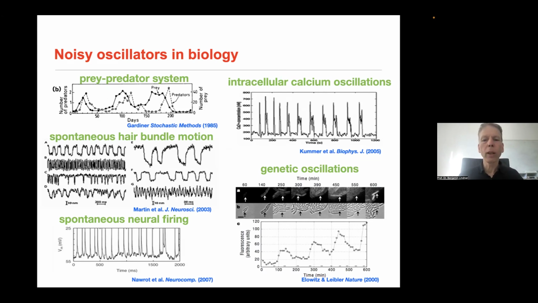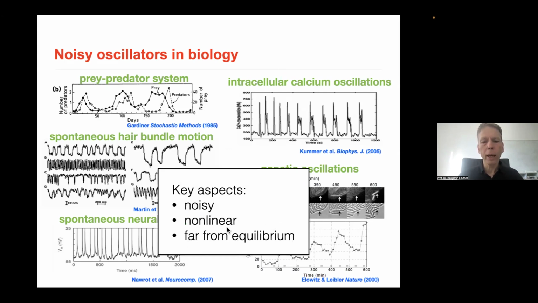But what they all have in common is they all happen far from thermodynamic equilibrium. Most of the time, the underlying mechanism is supposedly strongly nonlinear, and you see a lot of noise here at the output.